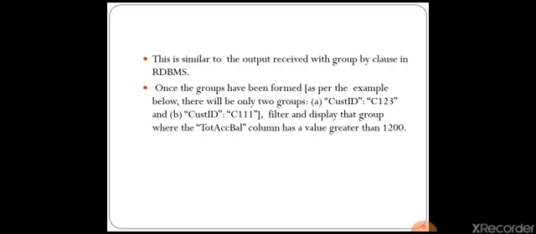Once the groups have been formed, for customer ID C123 and customer ID C111, filter and display the group where the total account balance column has a value greater than 1200.